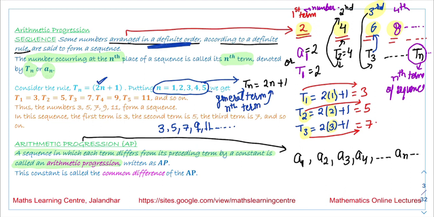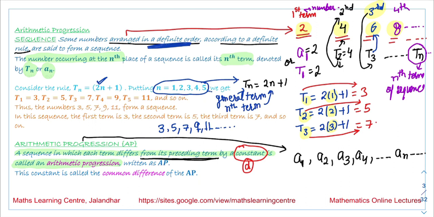The general term I am saying is An. So what this definition is saying is that each term differs from its preceding term by a constant. Suppose that constant is d.